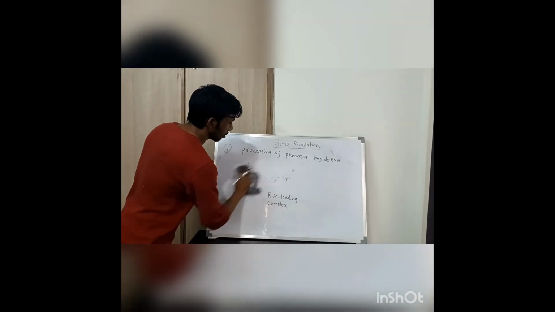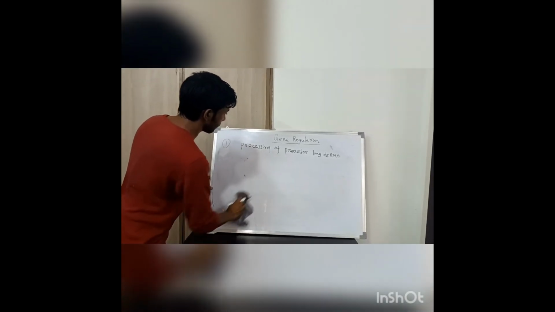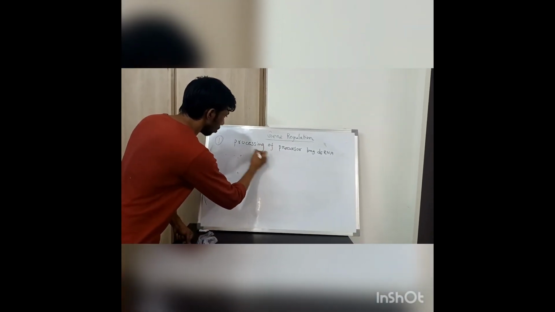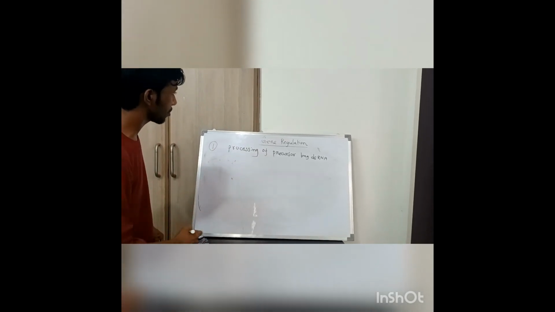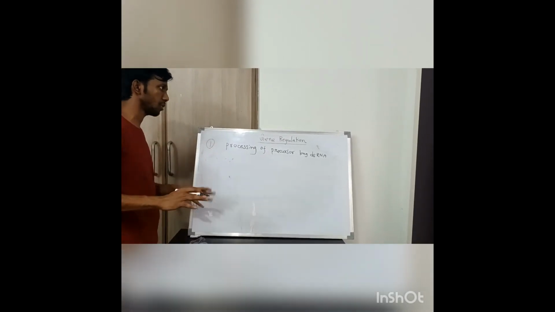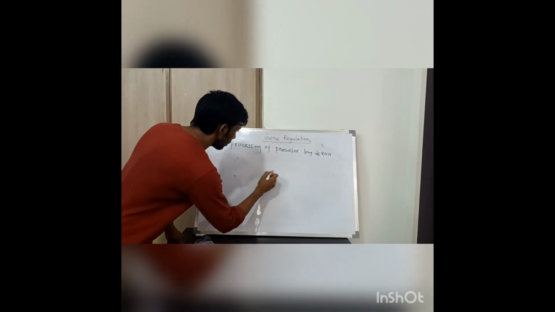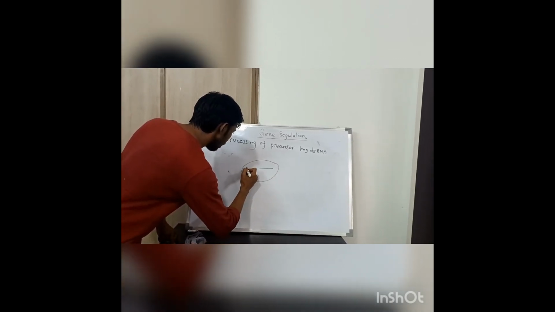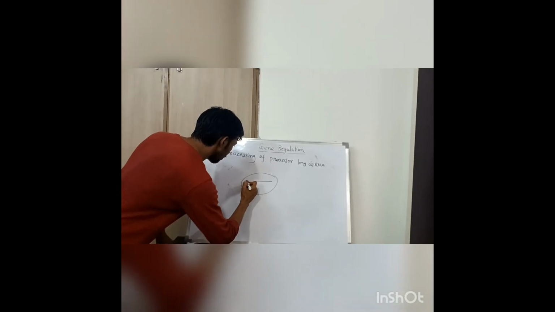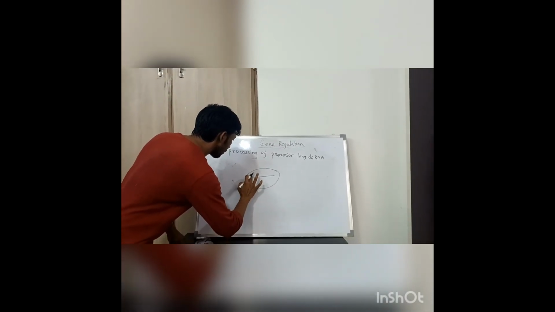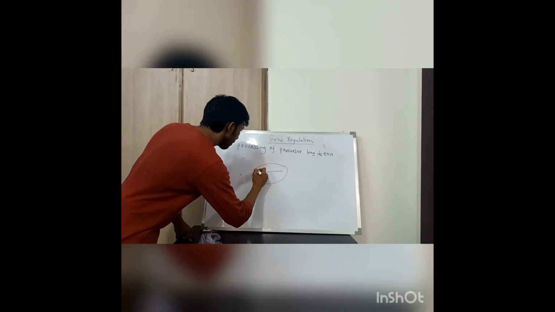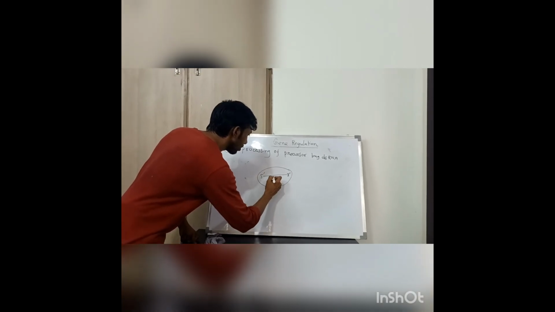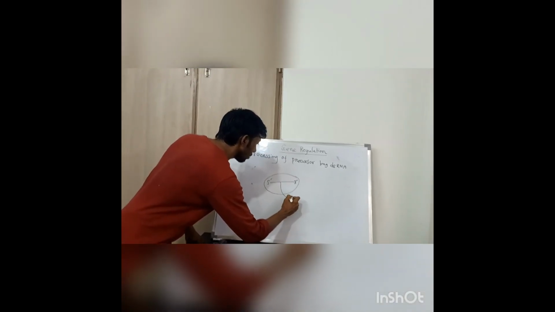So if we draw a schematic picture where there is only the guide strand with the RISC complex, this is RISC complex, this is my guide strand, 3 prime, 5 prime, 5 prime, 3 prime.